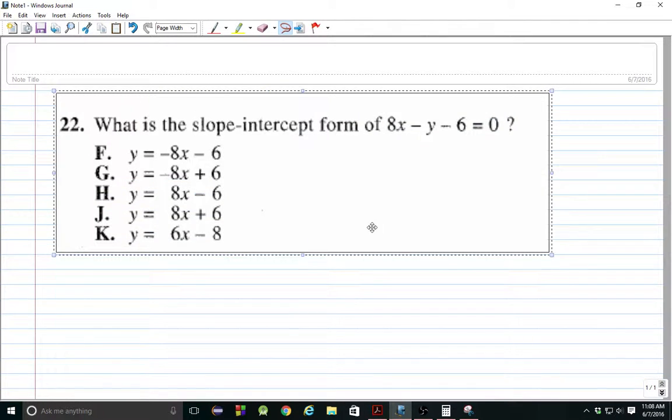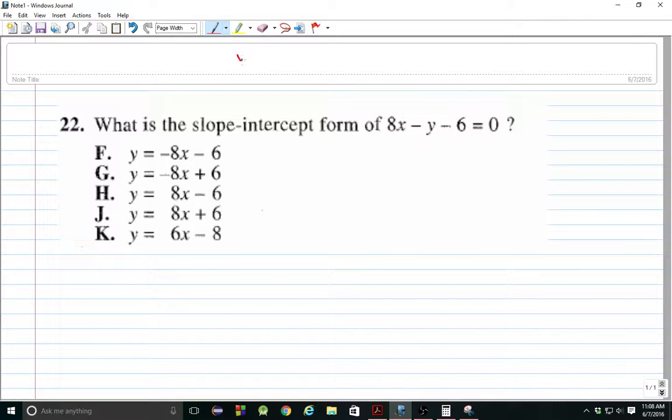What is the slope-intercept form of 8x minus y minus 6 equals 0? So let's just remember, slope-intercept form is y equals mx plus b, or it could be y equals mx minus b in case b is negative.